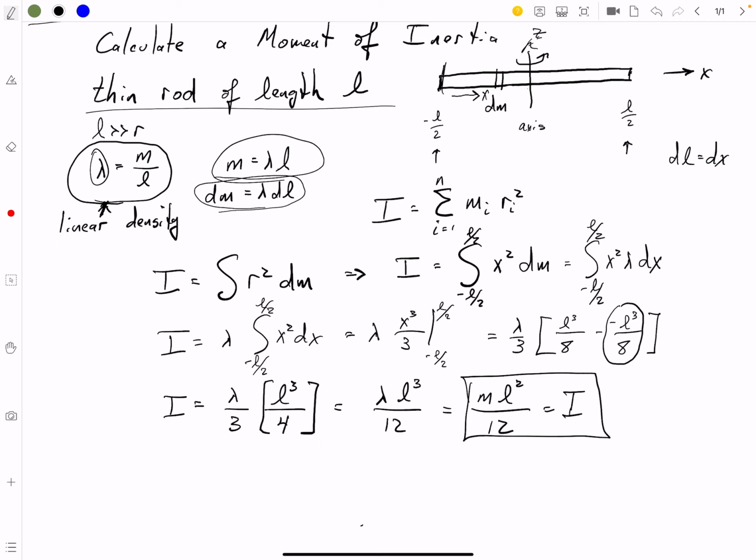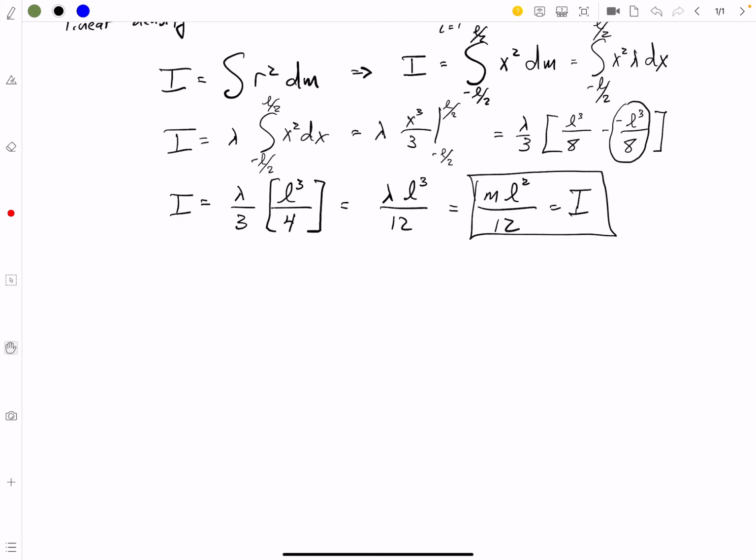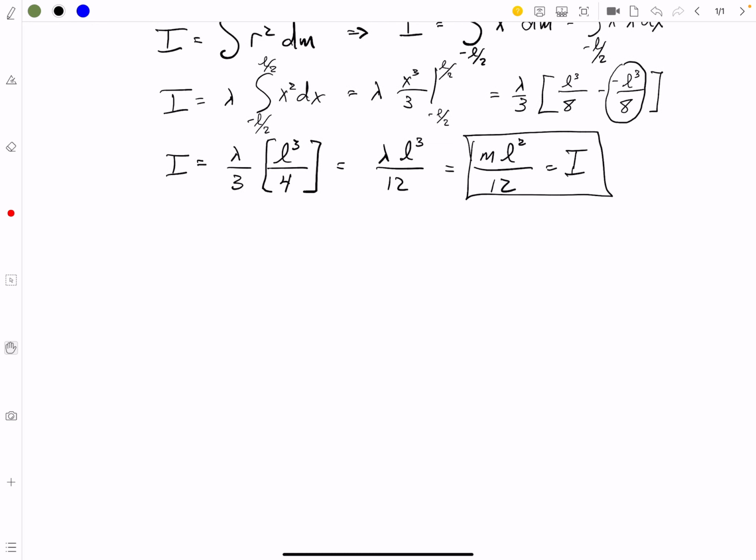Now, the next thing I want to do is called the parallel axis theorem. And this is definitely on the test. This is testable stuff. In fact, I think I remember having it on my test when I took your class, and I didn't have any idea what they were talking about.